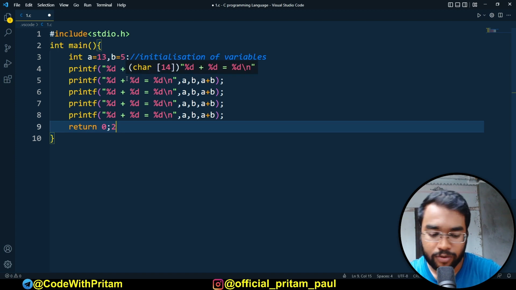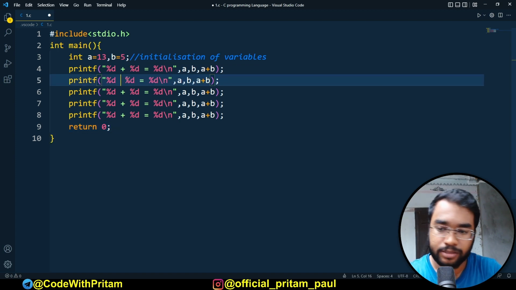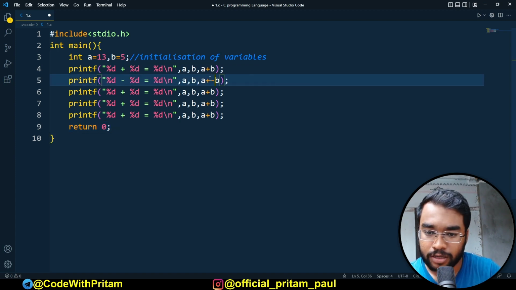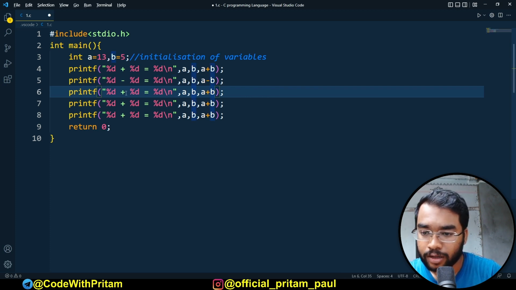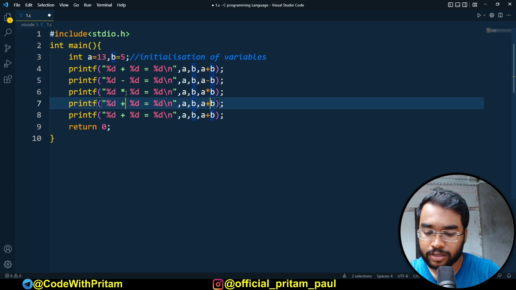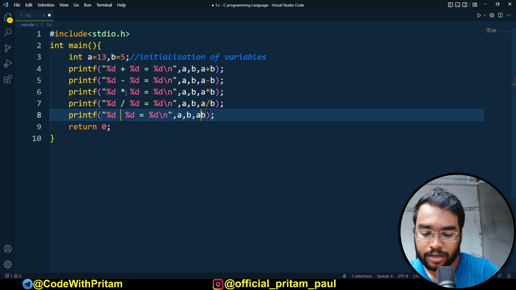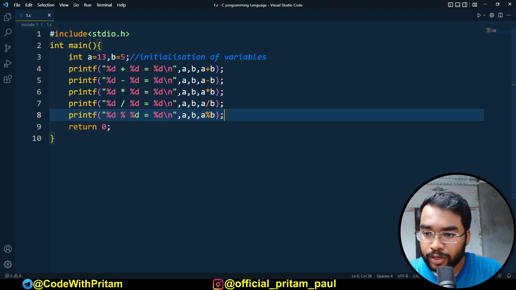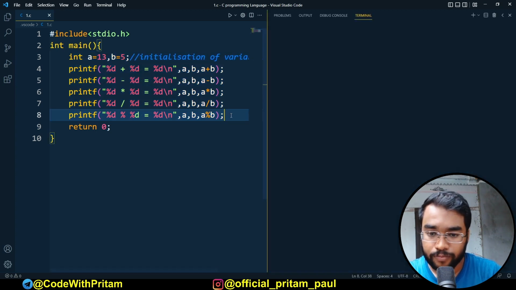Now here we are going to make some changes: here it would be minus, here it would be asterisk, here it would be divide, and here it would be modulus. So here we have written all the things, and now we are going to run.